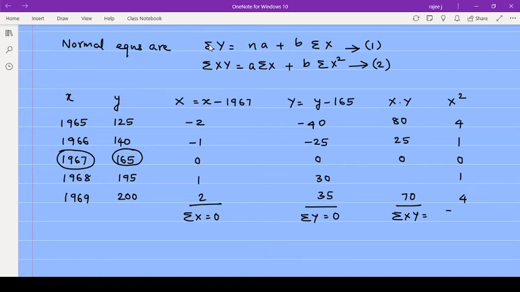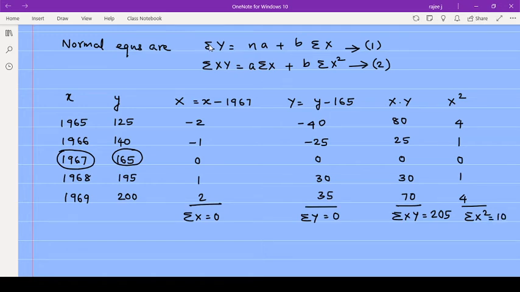This is X into Y, so 40 into 2 is 80, 25, 30 into 1 is 30, and 35 into 2 is 70. So it is 205. Summation X square here is 10.